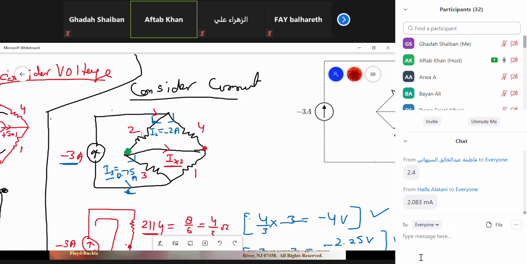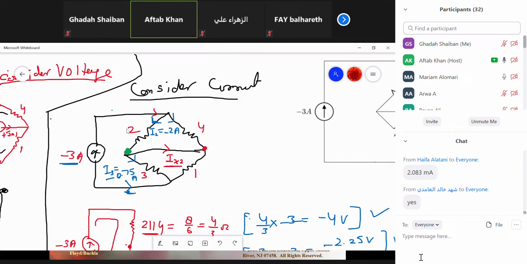We know the resistance, but if we can find the voltage across this one or across this one, we can find the current because the resistance is already given. In order to find the voltage, we need one more concept: if you look, 2 and 4 are connected in parallel, because of this short wire. Similarly, 3 and 1 are connected in parallel.